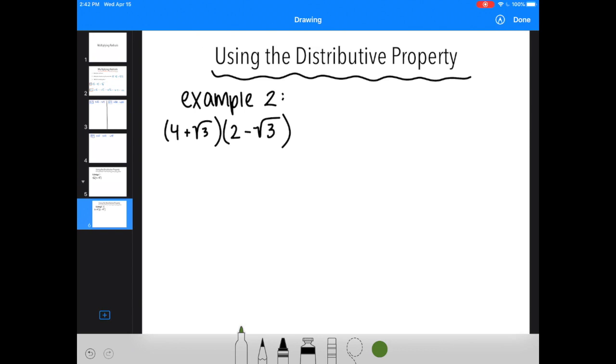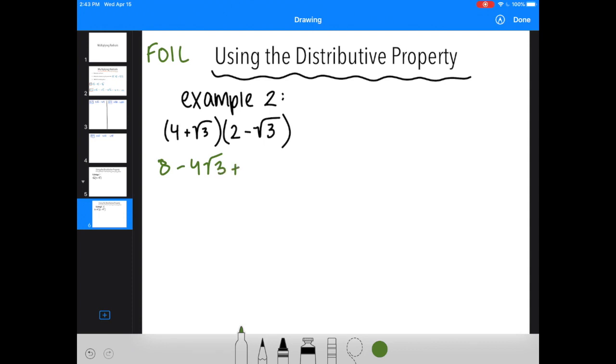Our last problem for distributive property is to FOIL. And just like distributive property, we use the same process as before. So I'm going to use first, outside, inside, and last. All right. First, 4 times 2 gives me 8. Outside, 4 times negative square root 3 gives me negative 4 square root 3.